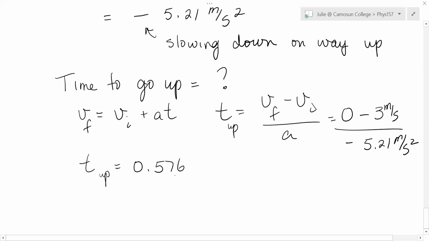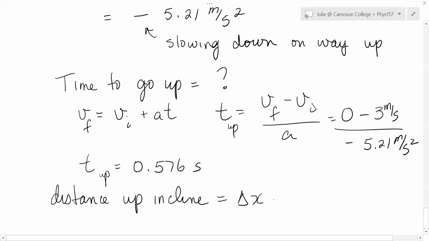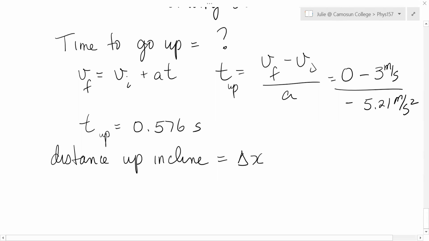That's about right. 3/5.6, yeah, seconds. Okay. The distance up the incline, delta x. Now, what's a good equation to use? Well, since we know the time, we may as well use delta x equals 1/2 (VI plus VF) times t up.